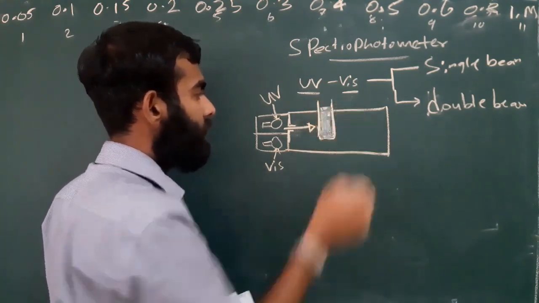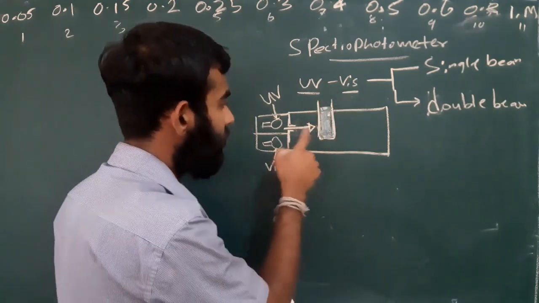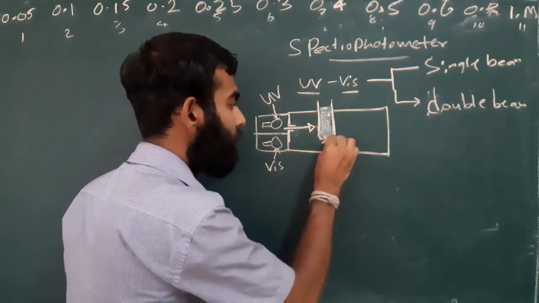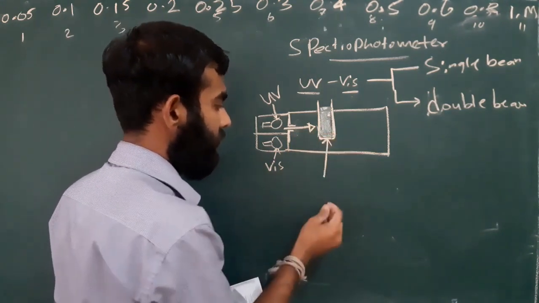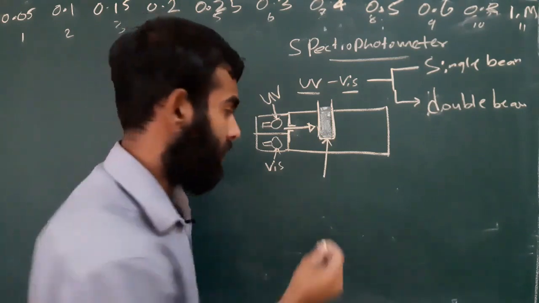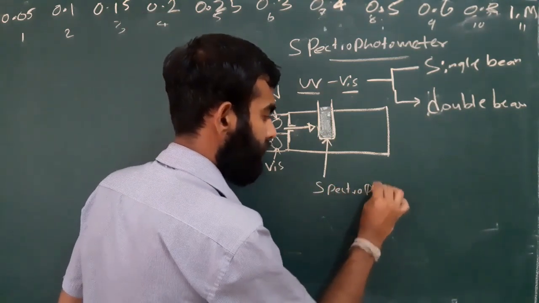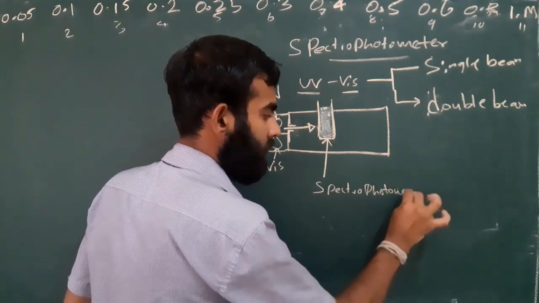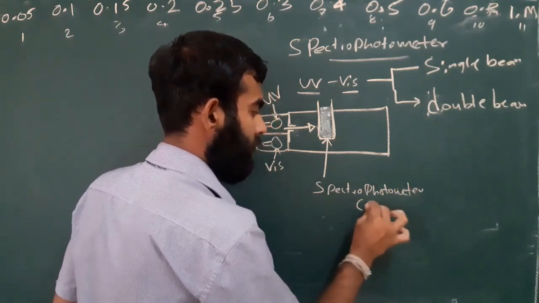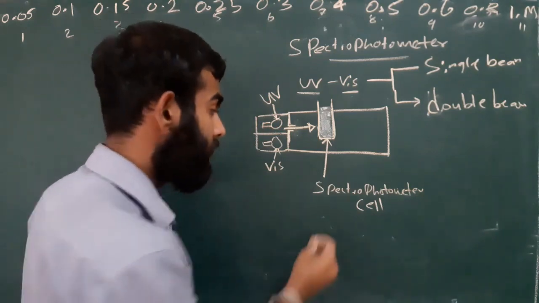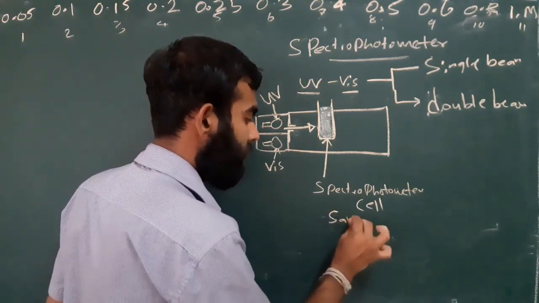Here our sample, light will go through this. This is called a cell, the spectrophotometer cell, that we call the sample cell.